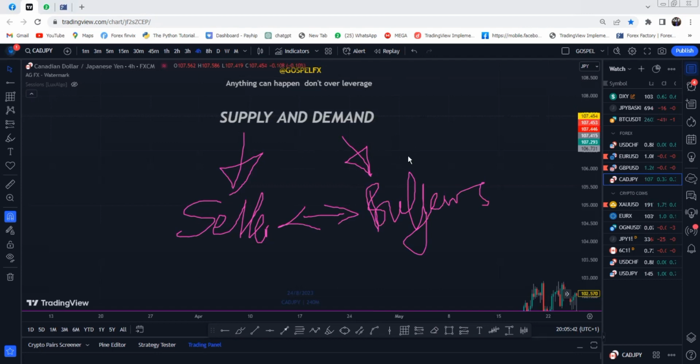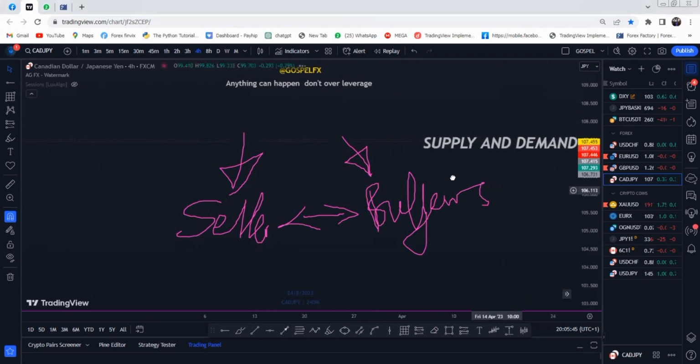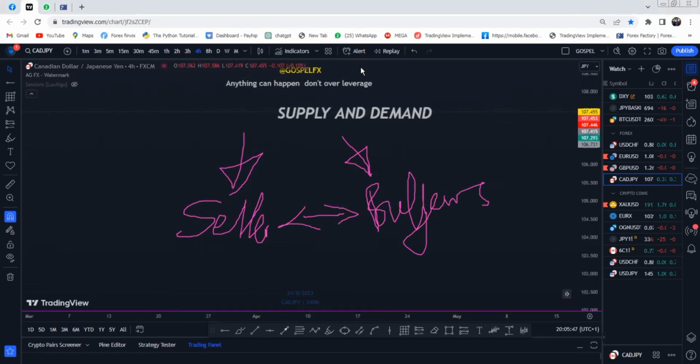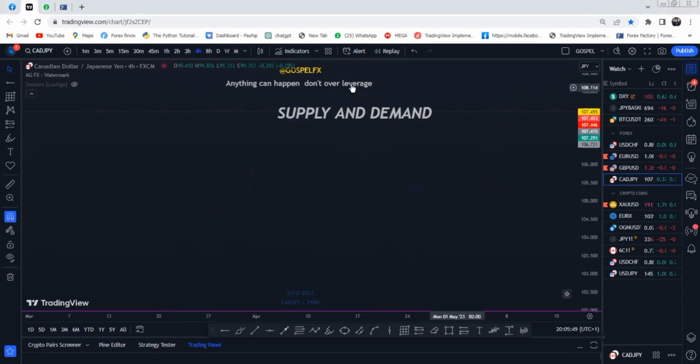Now, which means that when you go to your chart, there's going to be an area or a spot on your chart where you call it a supply zone, okay. If you have a particular portion on your chart called a supply zone, what does this mean?